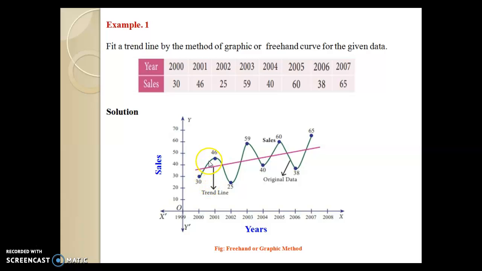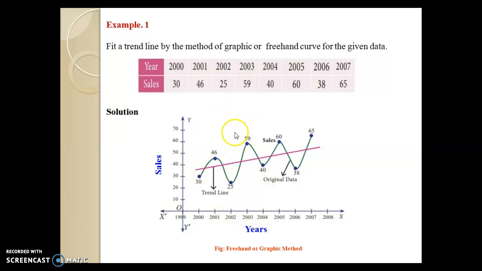This oscillatory variation of the sales is the actual or original data, and as per the procedure, this is the trend line, and this is the fluctuation. This is the first one, that is the graphical or freehand curve method.